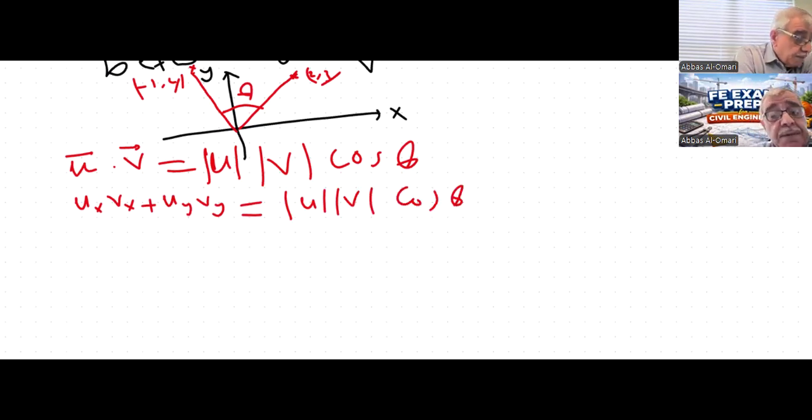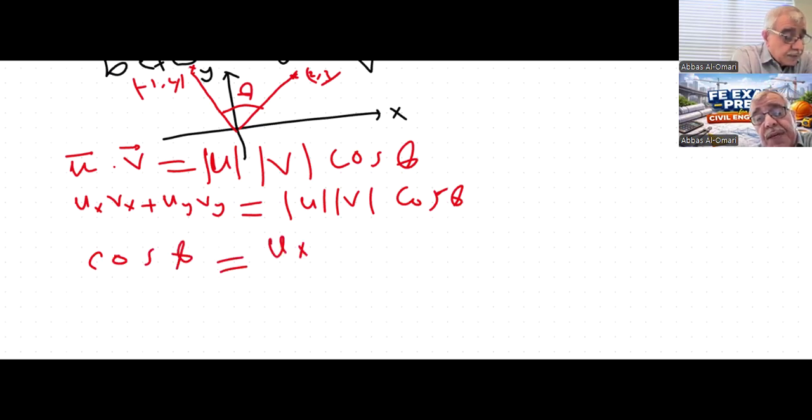So cosine theta equals ux vx plus uy vy divided by the value of u multiplied by the value of v.